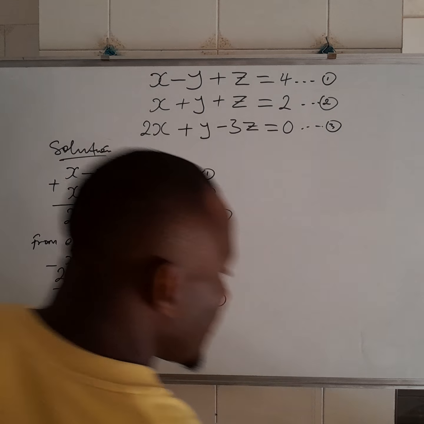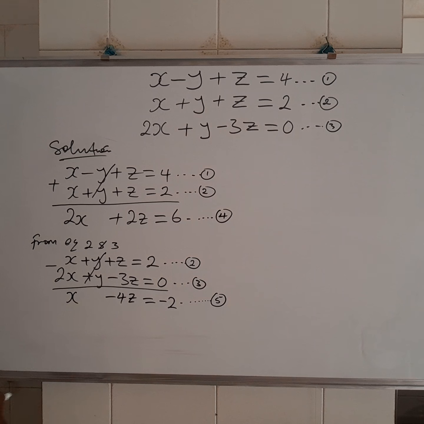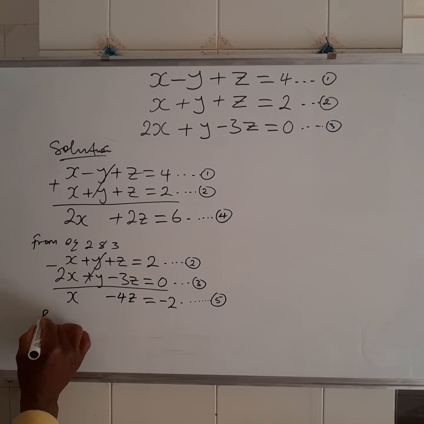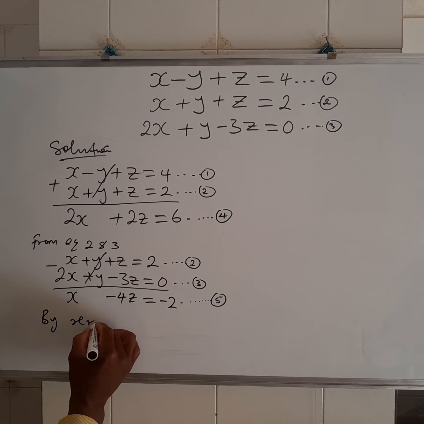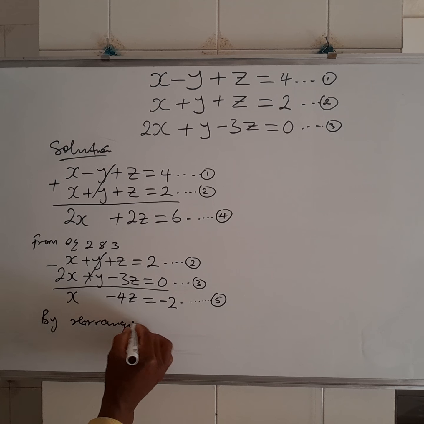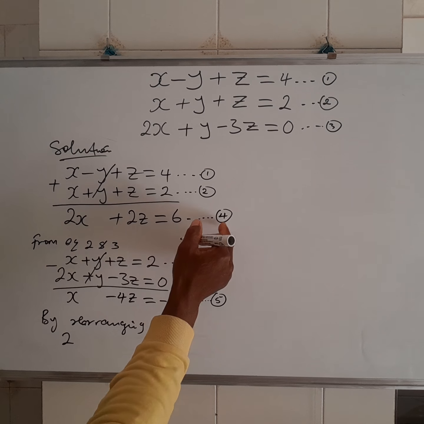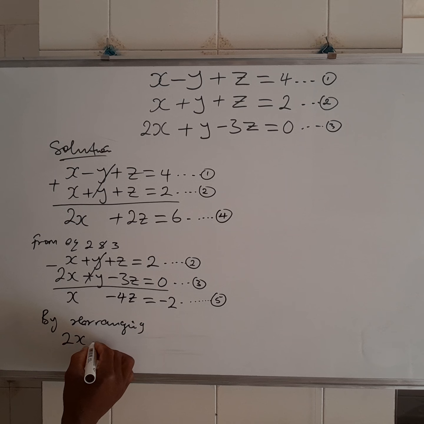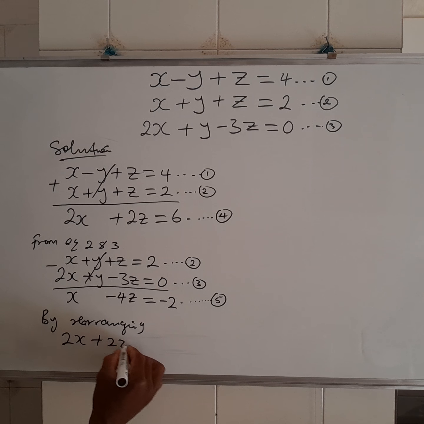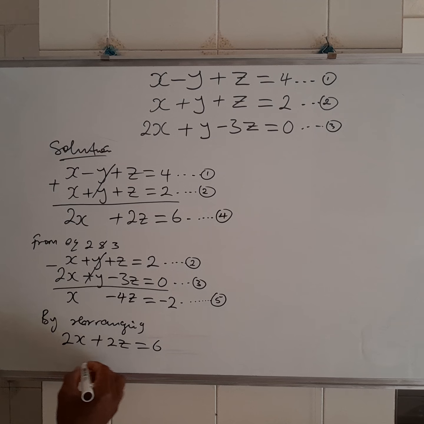So from here, by rearranging, this becomes equation 4: 2x plus 2z equals 6.